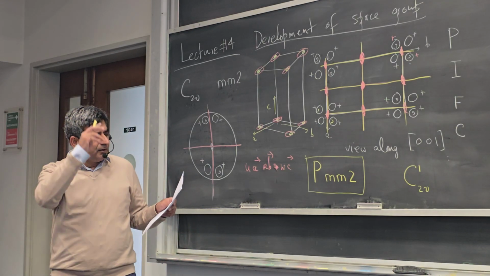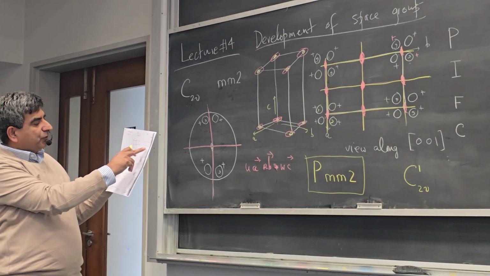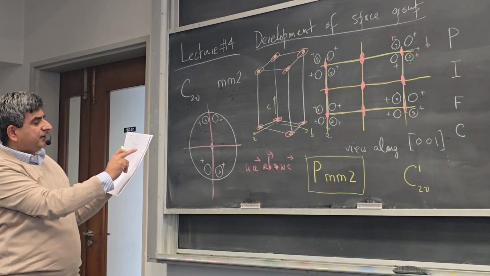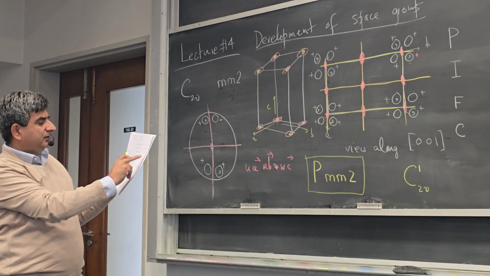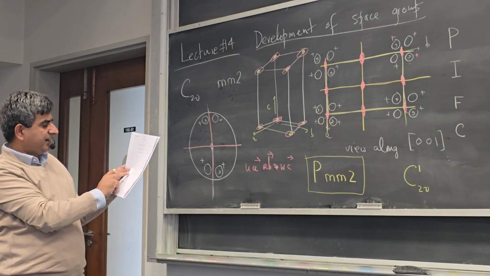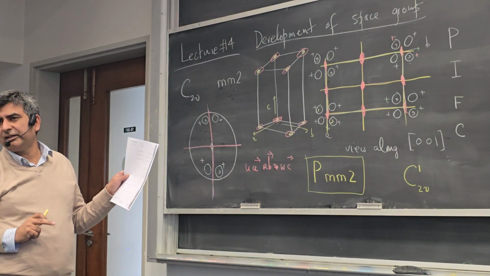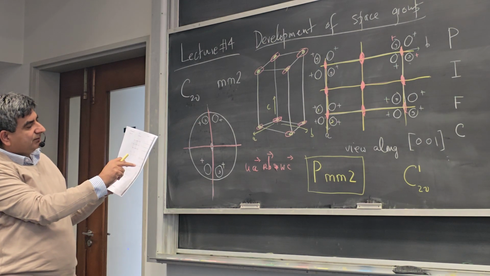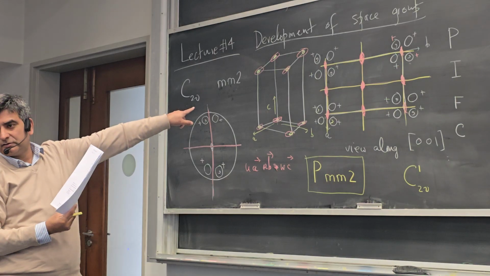Okay, so there are three figures. The top row gives you the view along the z-axis, the view along the b-axis, and the view along the a-axis in the same order. And the bottom right is what I've drawn.